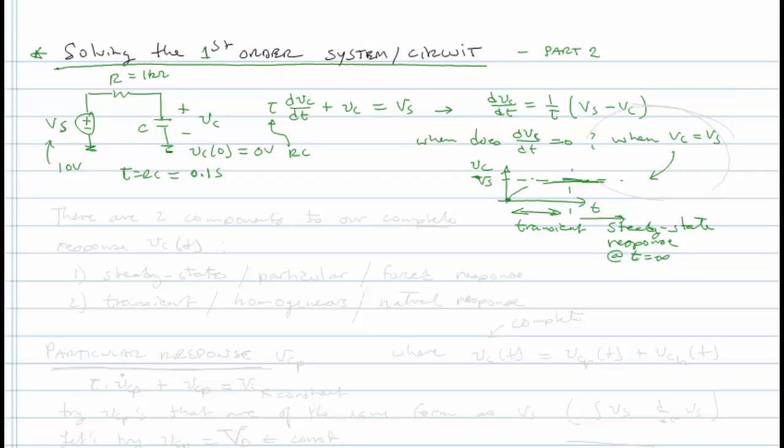We'll also use terms saying that there's a particular response, particular to the type of forcing that we're applying to the system. In this case, the forcing is a 10 volt voltage for Vs. And there's a homogeneous response. So let me write these, because there are several terms here that will get confusing.